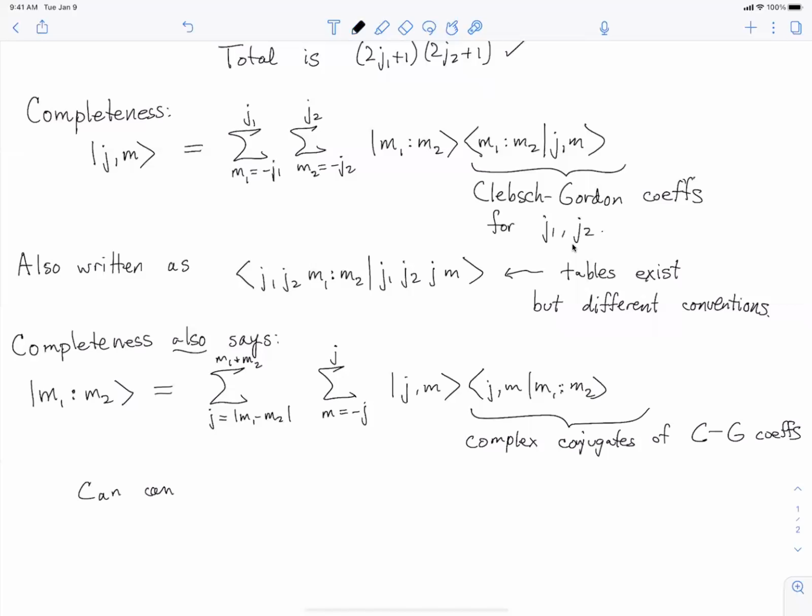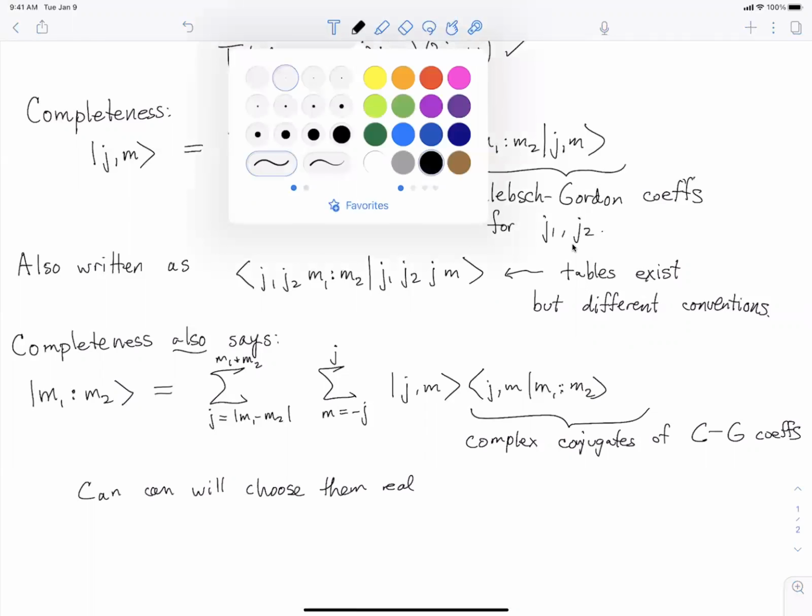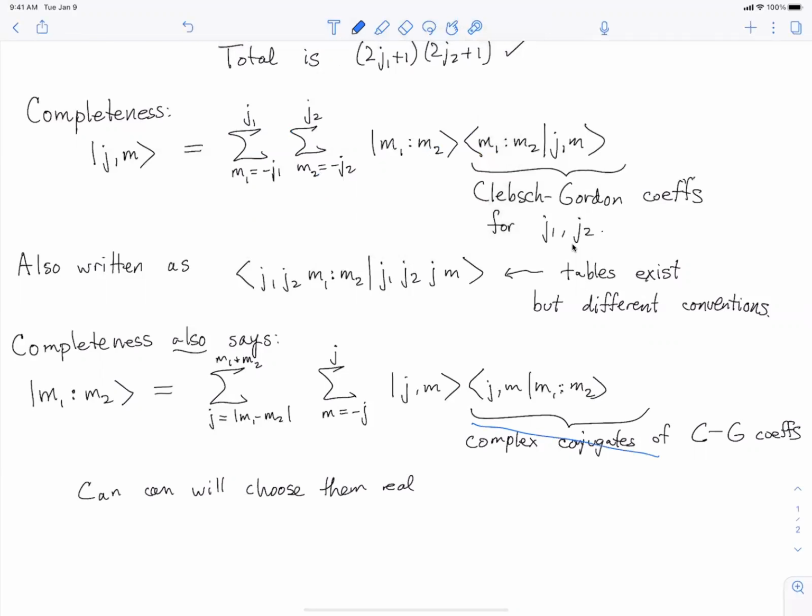You don't have to do this, but essentially all books do. All books, even if they don't use the same conventions that I'm using, will at least choose them to be real. And so if we choose them real, they're not actually the complex conjugates. They're again the Clebsch-Gordon coefficients. So we can ignore the fact that technically these are the complex conjugates, but they're all real anyway.